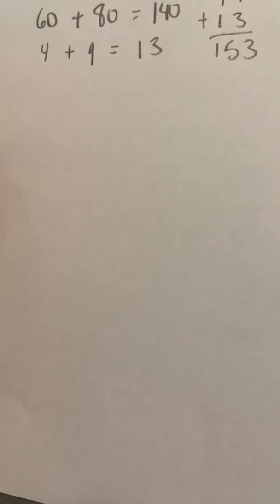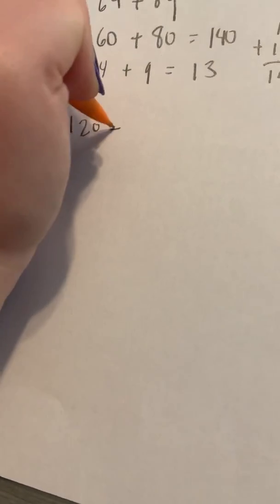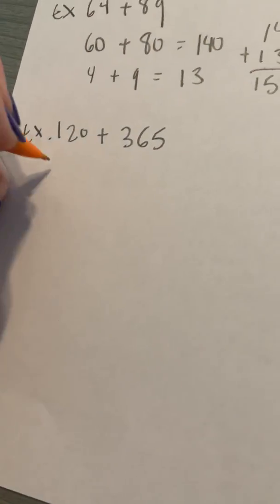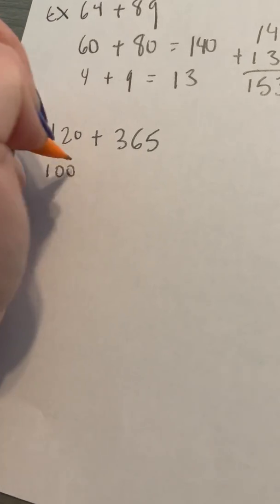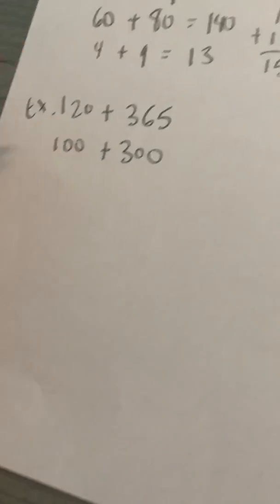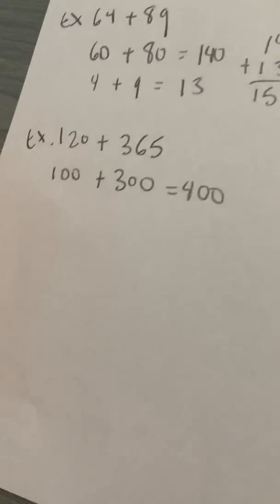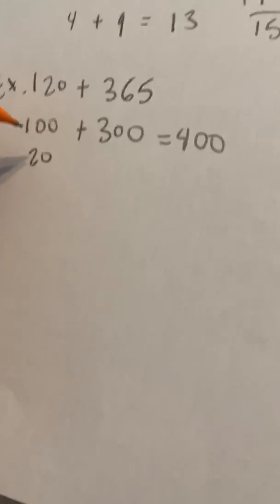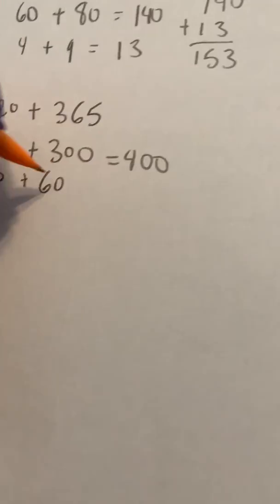Now, lastly, we're going to do 120 plus 365. So we're going to take 100 out of the 120 plus 300 out of 365. We get 400. We're going to get the 20 next, plus the 60.